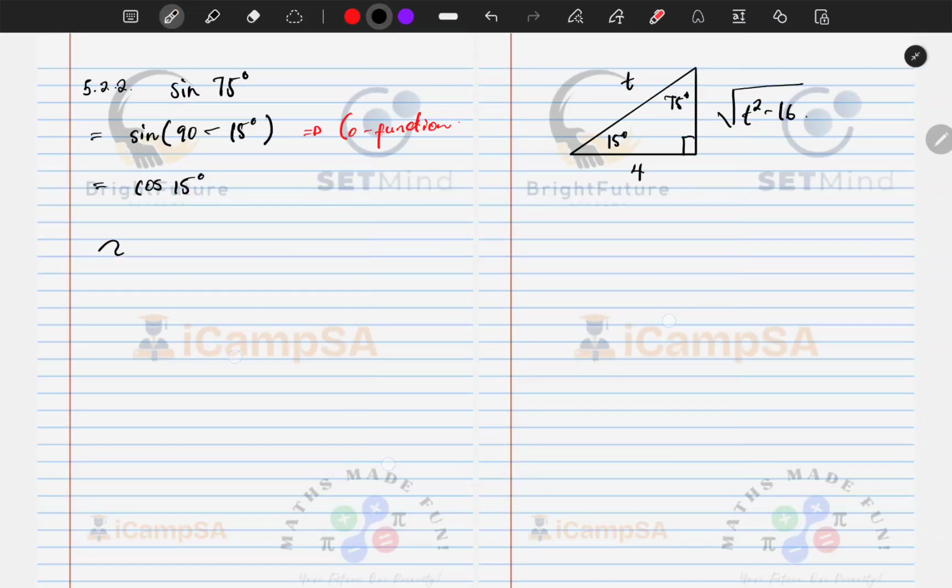And then from there, I can just go to my triangle. What is cos of 15 degrees? Cos of 15 degrees is x over r, which is going to be 4 over t.